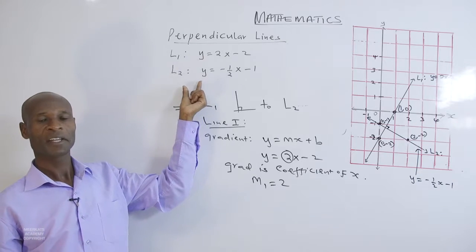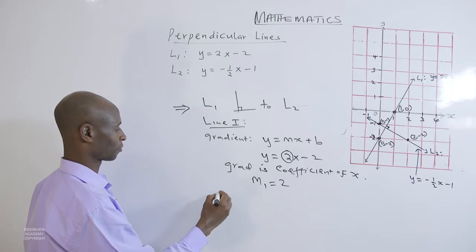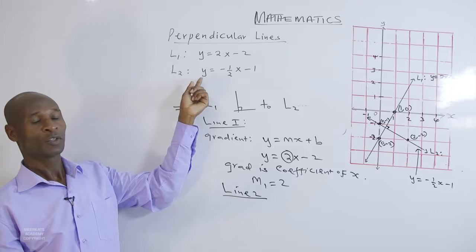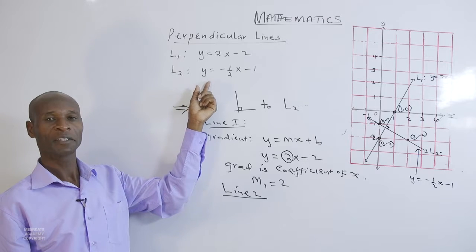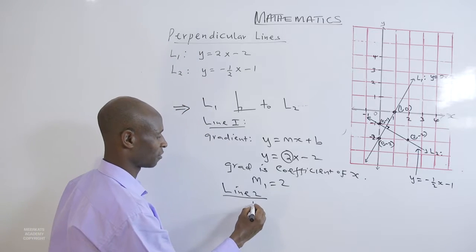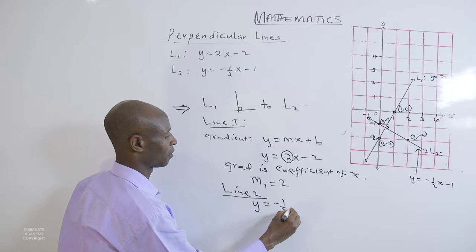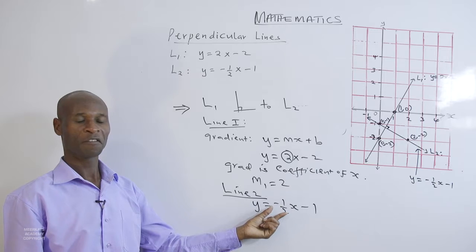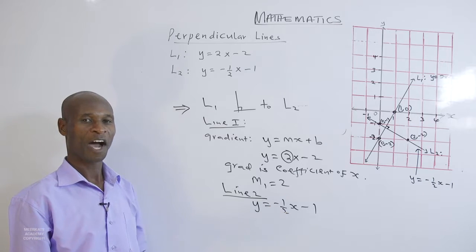So what will be the gradient of line 2? The gradient of line 2 again will be the coefficient of x. In this case, the coefficient of x is negative a half.